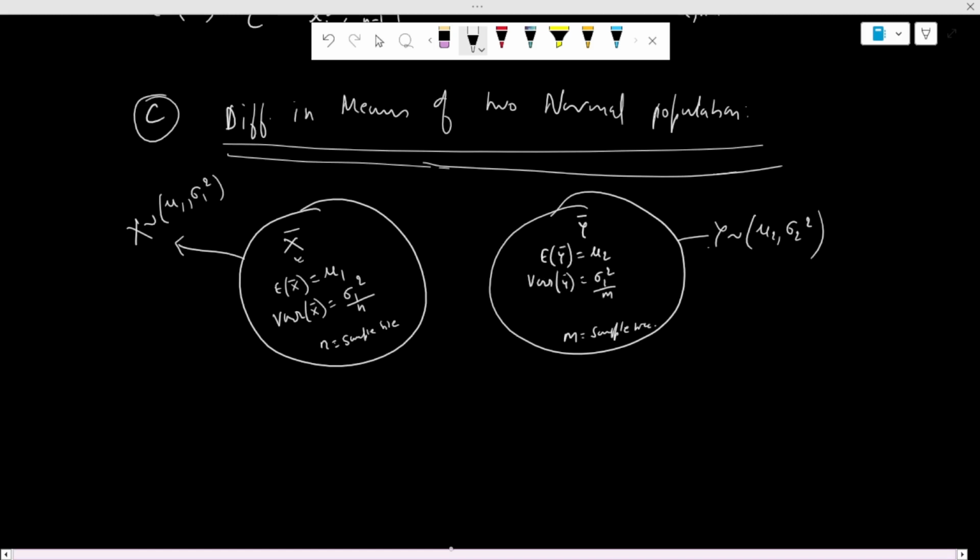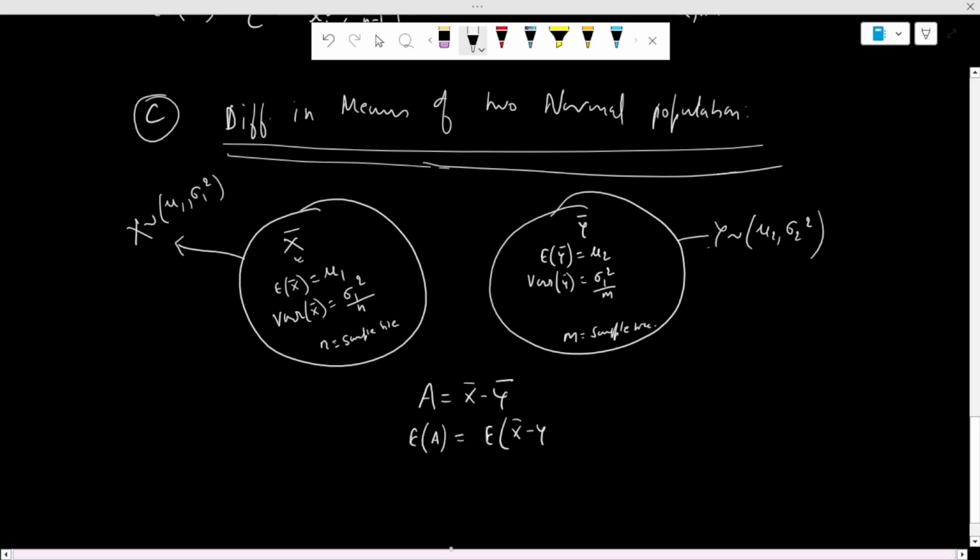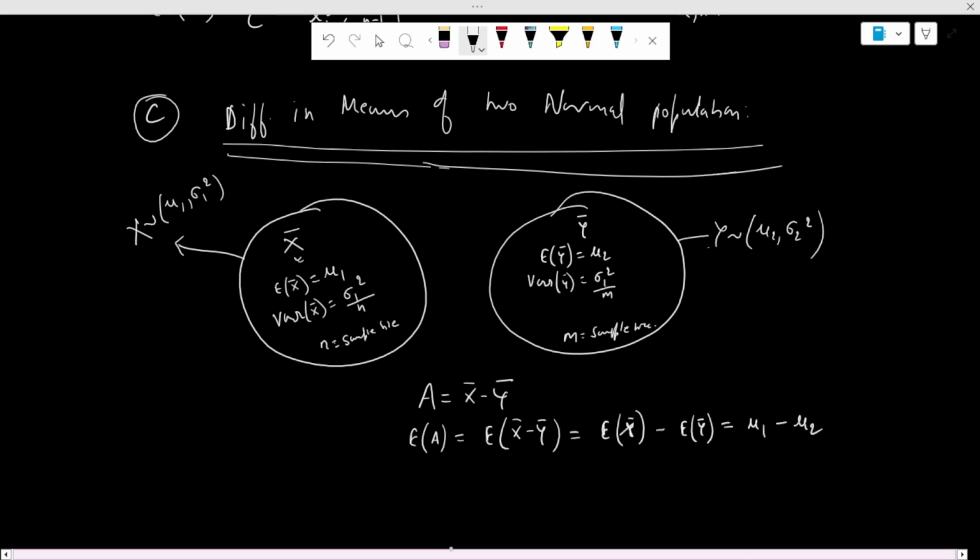Now let us set a random variable A equal to x bar minus y bar, and let us calculate the expectation of A. The expectation of A is equal to the expectation of x bar minus y bar, and if we operate on it, this is equal to mu1 minus mu2. Similarly, let us calculate the variance of A. We know that x and y are independent normal distributions, so the variance of the sum is equal to the sum of the variances.